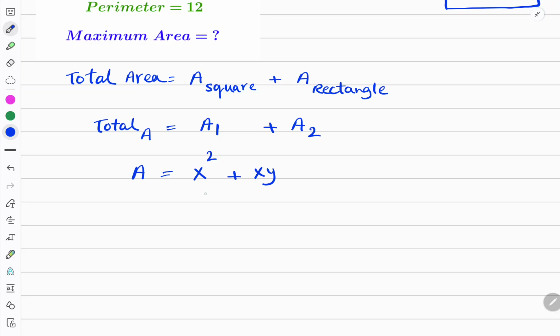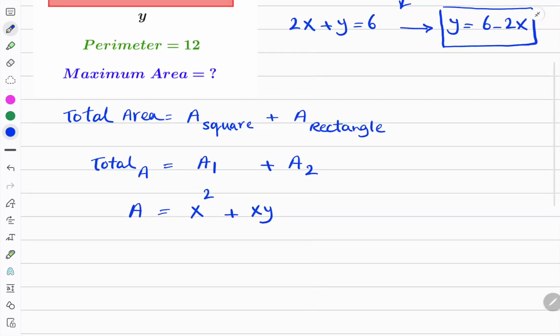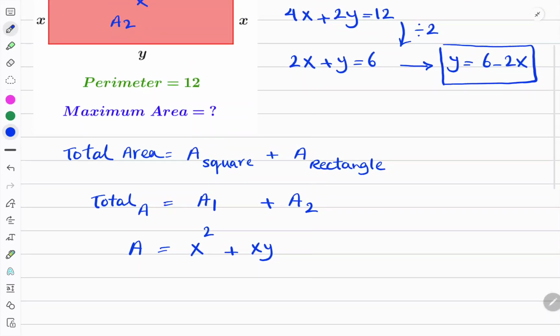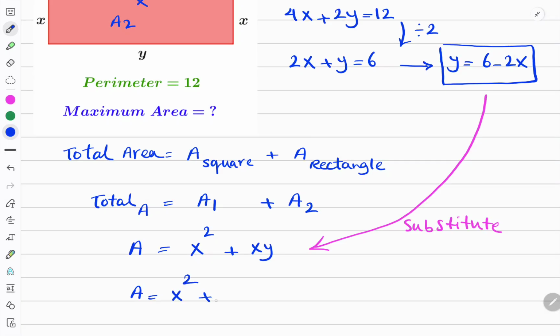But we have two variables, so for solving this equation, I just want to substitute the value of y into the area. So A equals x squared plus xy.